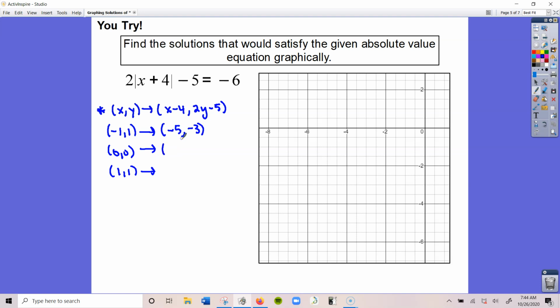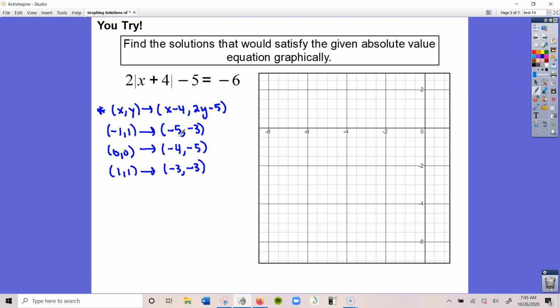When I plug in 0, 0 minus 4 is negative 4, and 2 times 0 is 0, minus 5 is negative 5. Lastly, when I plug in 1, 1 minus 4 is negative 3, and once again, when I plug in 1 for the y, I get negative 3 as well.